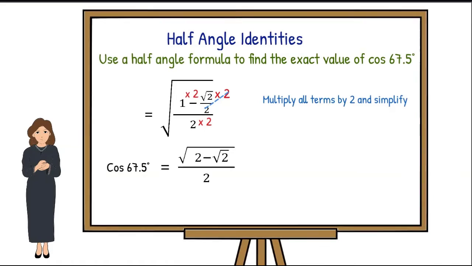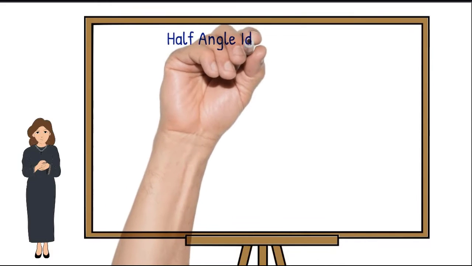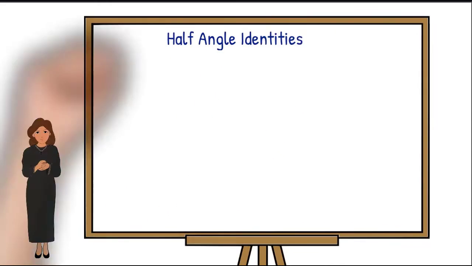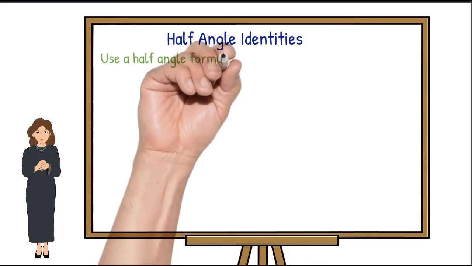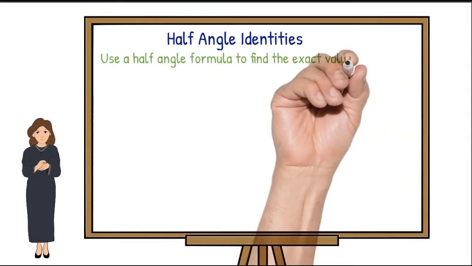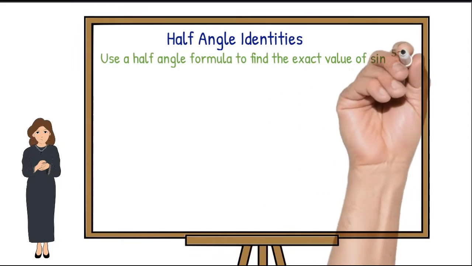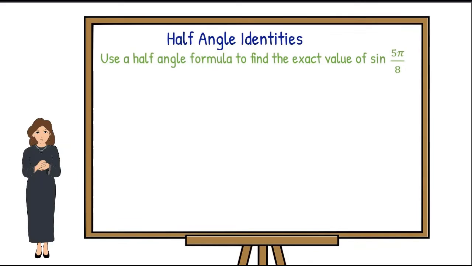Let's have a look at another question. So this question is going to be in radians. So we use a half angle formula to find the exact value of sine of 5 pi over 8.